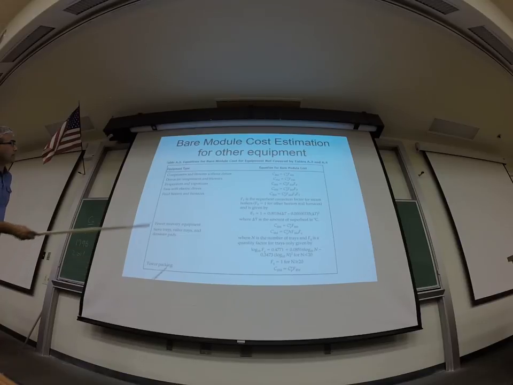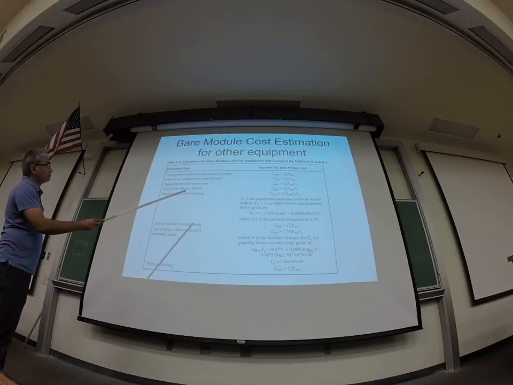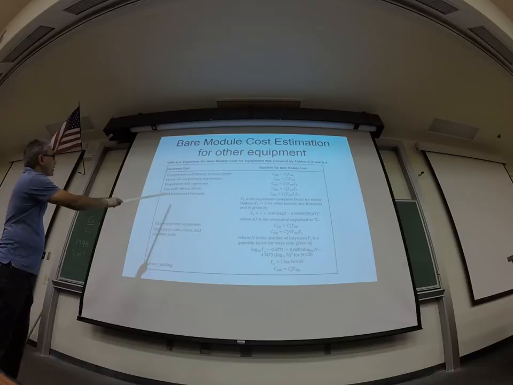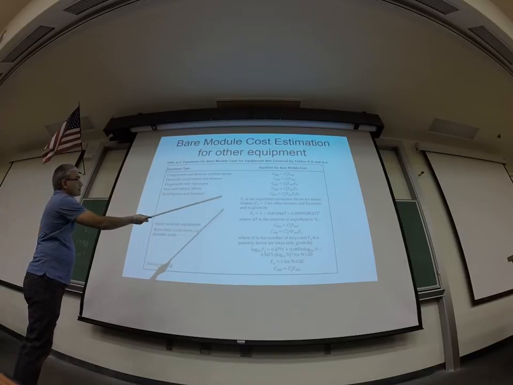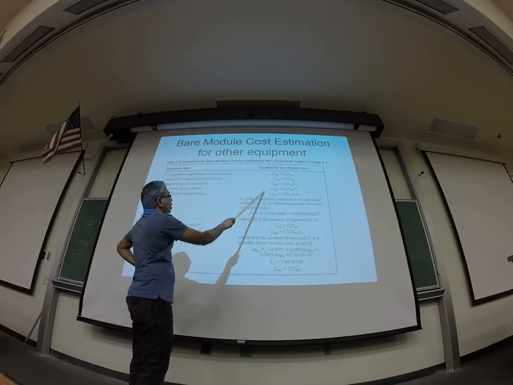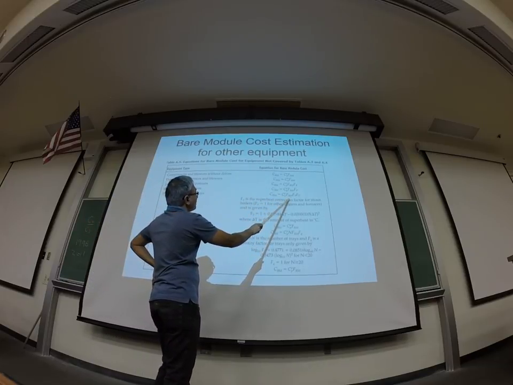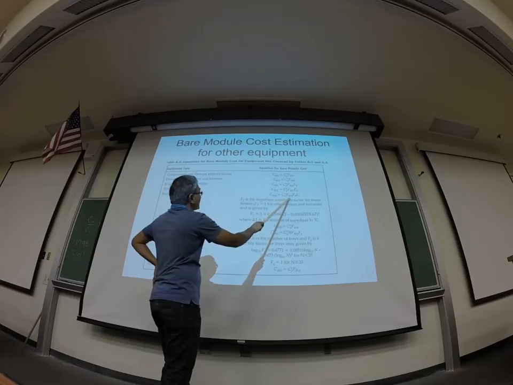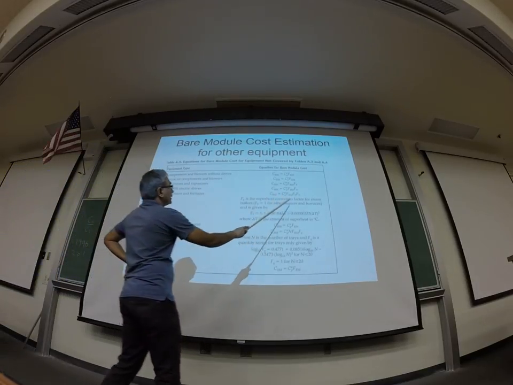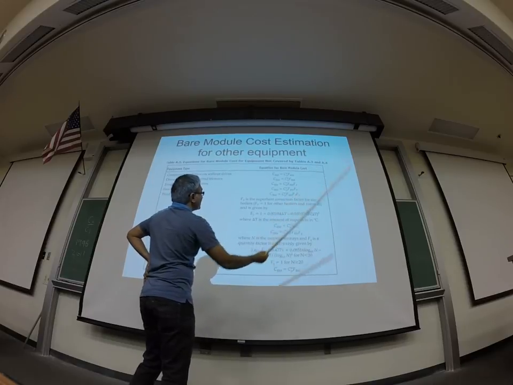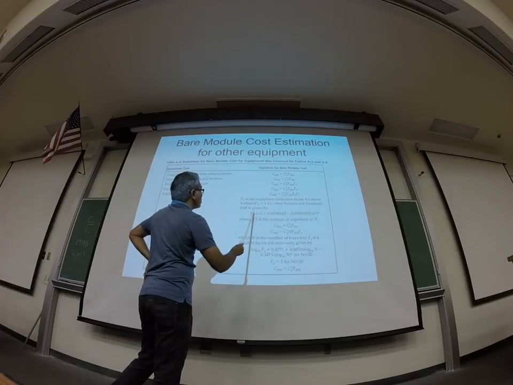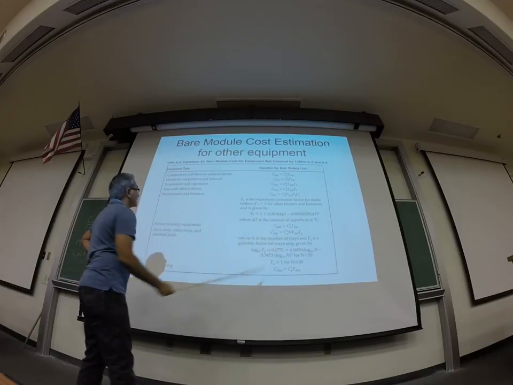But let's look at fired heaters and furnaces. For those, the bare module cost is CP naught FPM, and FPM you can estimate as B1 plus B2 FM FP times another FP times FT, where FP can be calculated from this equation, where delta T is the temperature difference.